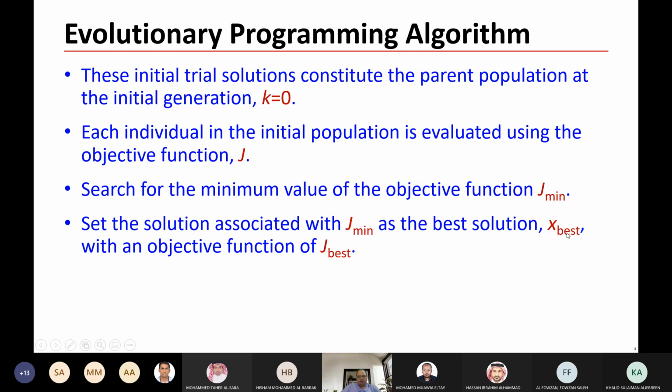So this is the best solution, and the objective J minimum equals J best, and X minimum equals X best. And this best solution will be updated whenever you have new solutions. You can update and compare. If you are able to find a better value than the value here, then you update the best solution.